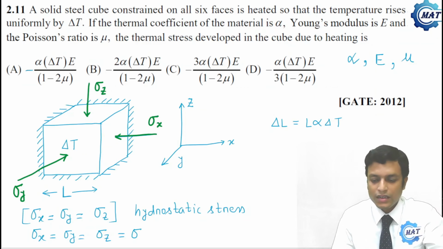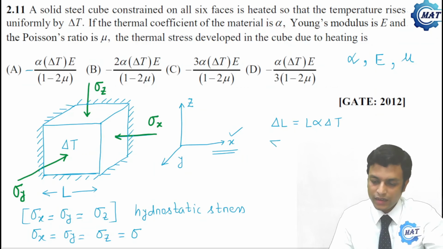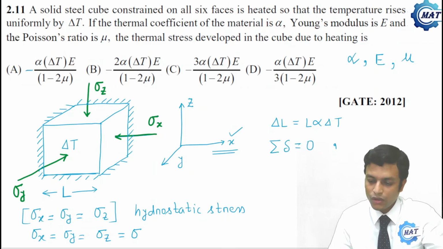But this is a statically indeterminate problem, we know that. So how to calculate it? In any direction, let us consider X direction, the resultant elongation of the cube will be 0.